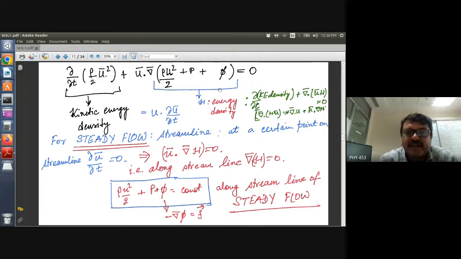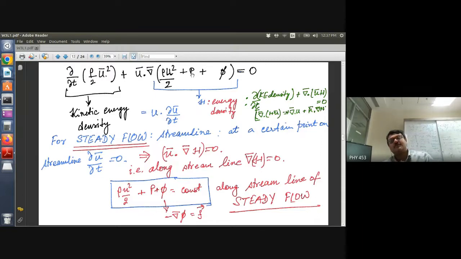And this quantity has to have units of energy density, because rho u square by 2 is one, and pressure, remember, is force by area; if you multiply the numerator by L and the area also by L, it becomes energy per volume.